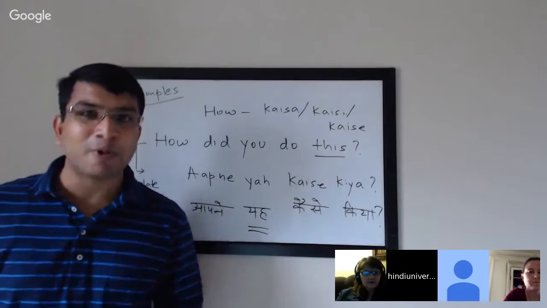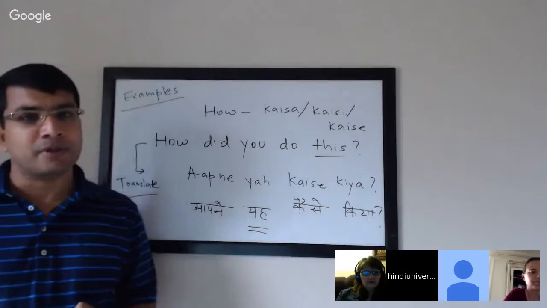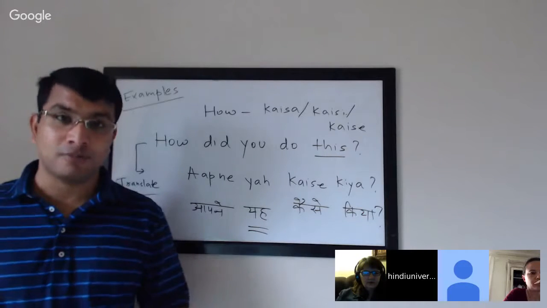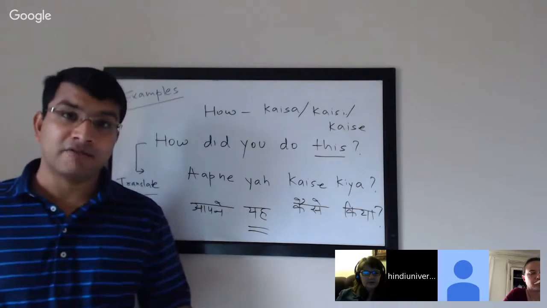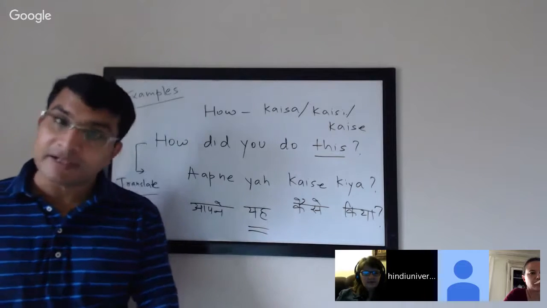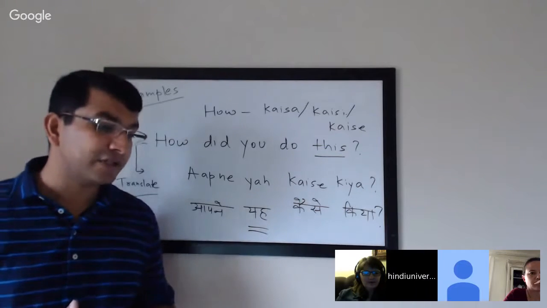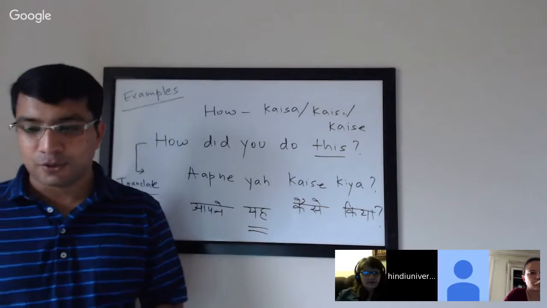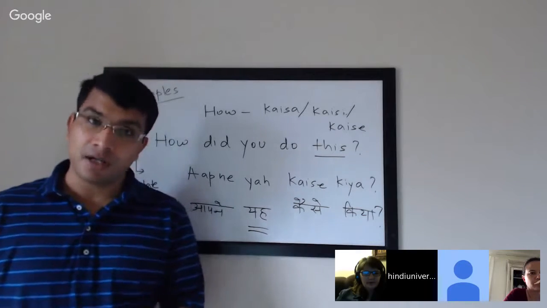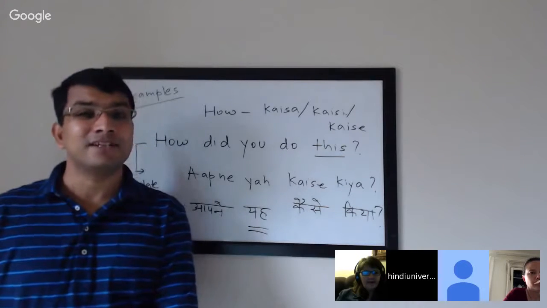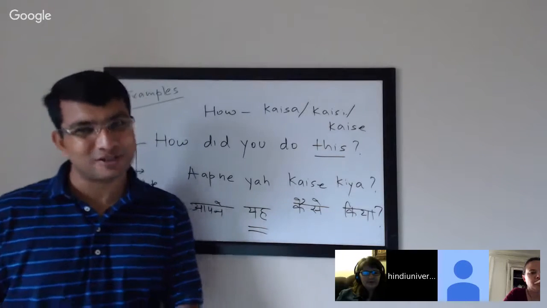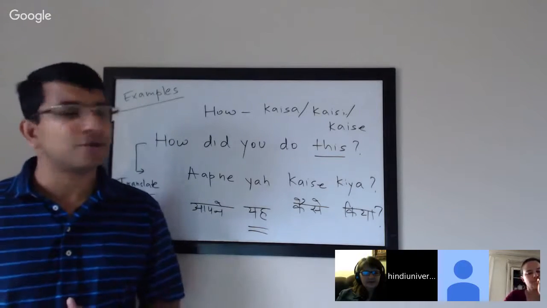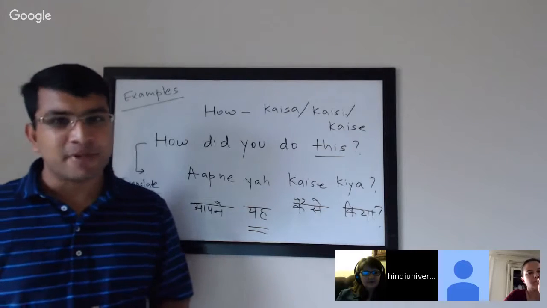You have to really identify whether the job, naukri, is masculine or feminine. I can tell you it's feminine, right? Then you can decide whether it's singular or plural, which is in this case singular. So you can say आपने नौकरी कब join की, right? Because that is the form of karna that you'll be using if the noun is feminine singular.